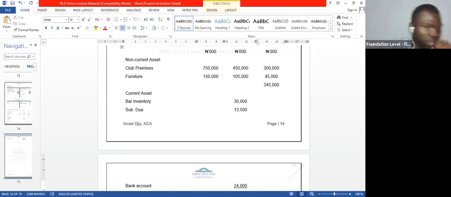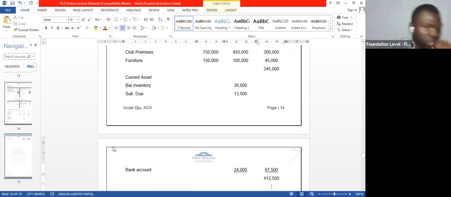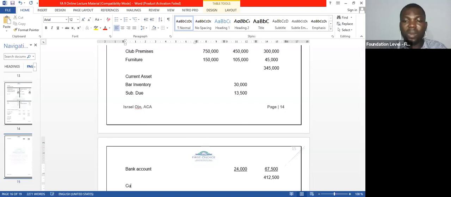Then plus the 345 gives us 412,500. Next we calculate our current liabilities.